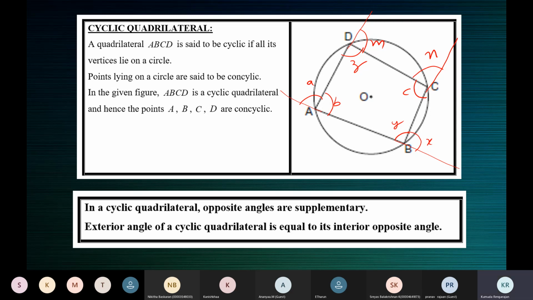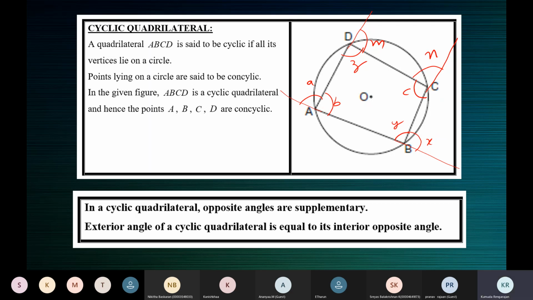Angle B. Now, the angle diagonally opposite to B is? Angle C. The angle diagonally opposite to B is C.